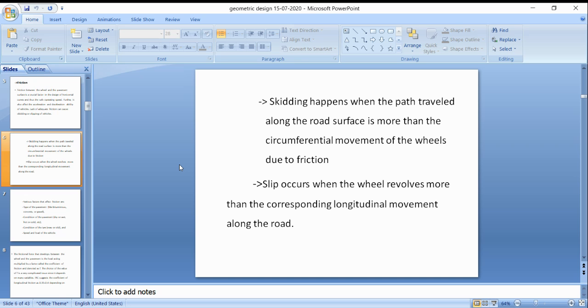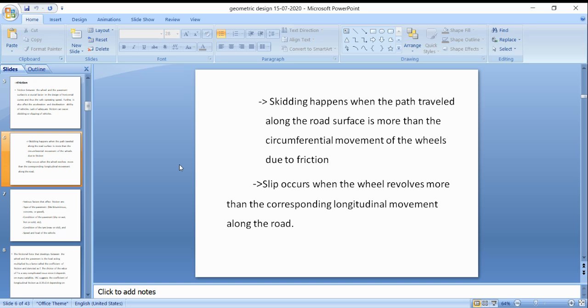Slip occurs when the wheel revolves more than the corresponding longitudinal movement along the road. So skidding and slip are different. Skidding happens when the circumferential movement of the wheels due to friction is more along the road.